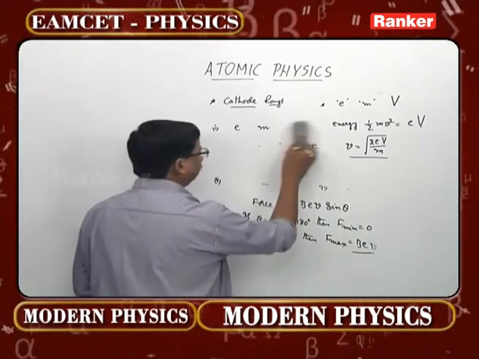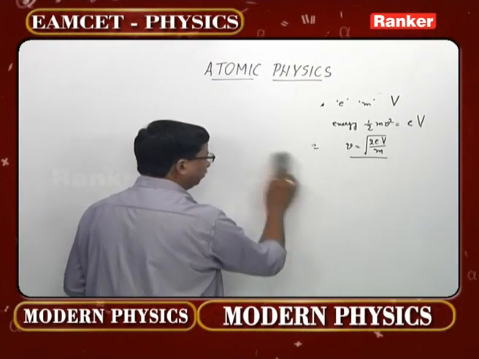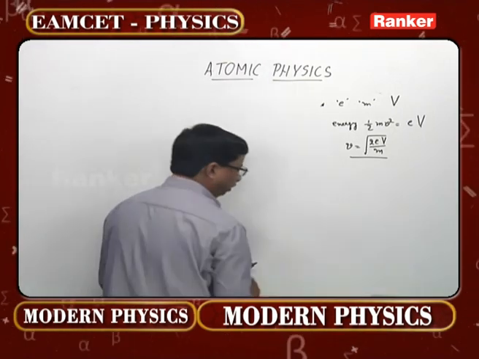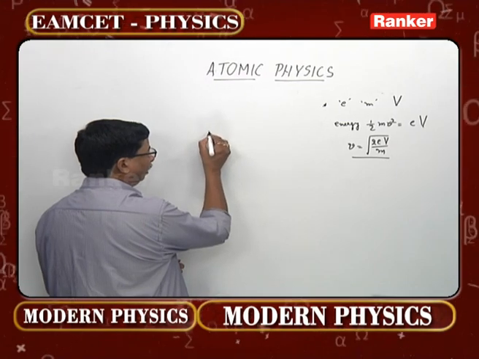In fact, based on these equations only, e by m of an electron has been determined by Thomson in his experiment. In what way have we taken it up?